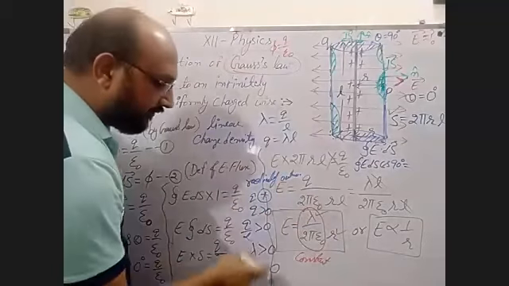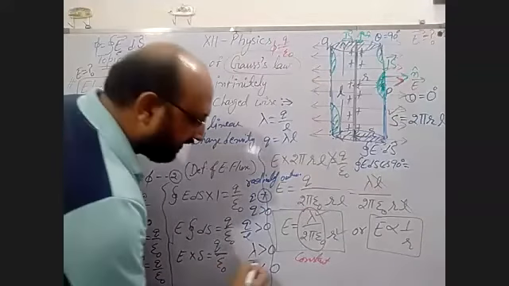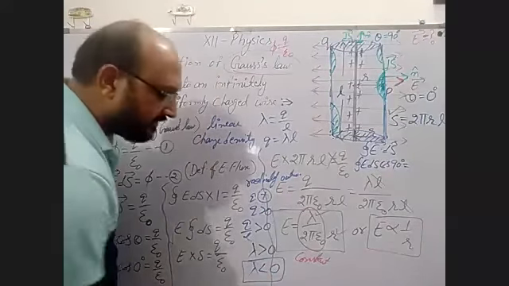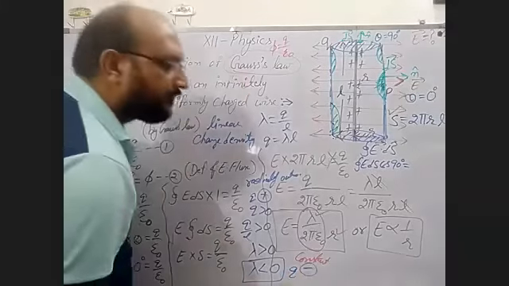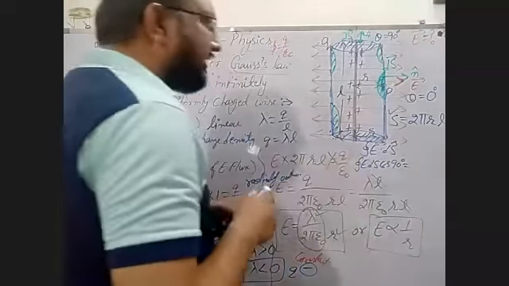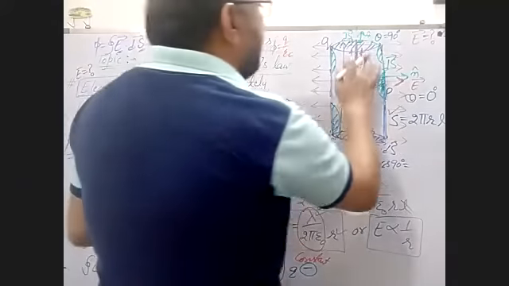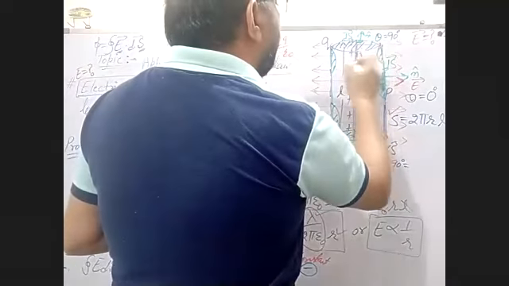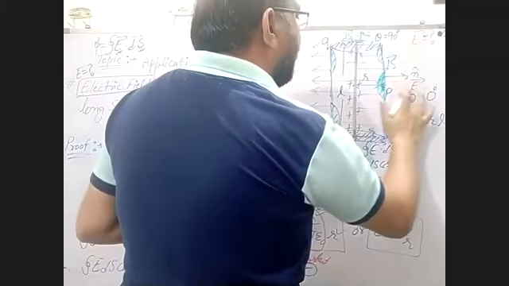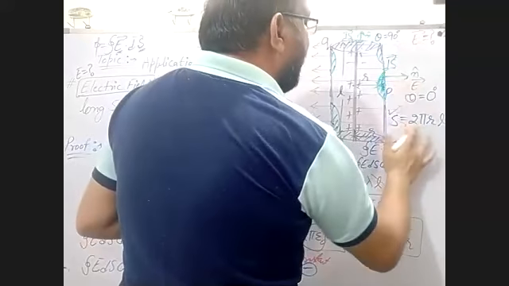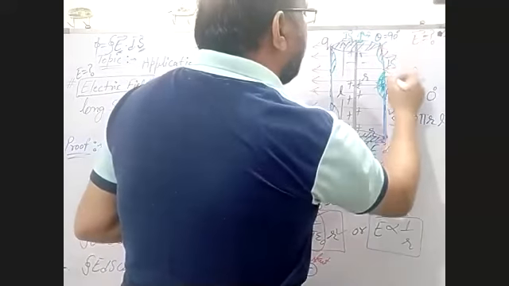And if the reverse, lambda is less than 0, then Q will be negative, and all these signs will be negative, and this electric field direction will be radially inward.